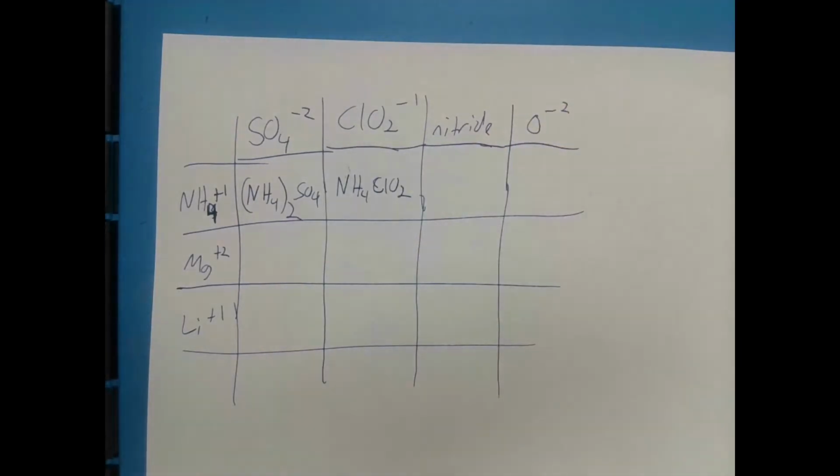ClO2. What would be this one? NH4 plus 1 and nitride. What would be the next one? Nitrate and Mg nitrate.